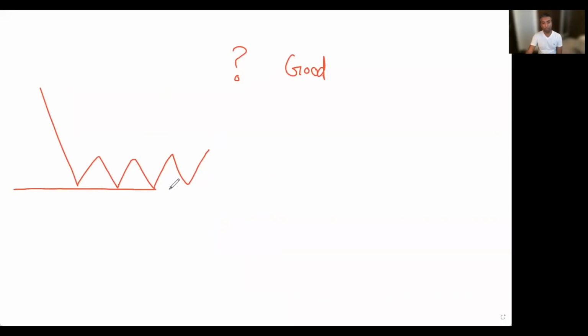Moving it further. What makes a support and resistance good? Let's say we have support here. Would you say this is a good support? It's holding the price over and over and over again. Now, here's the misconception many people have. If it's held the price over and over again, therefore it's a good support. That's wrong. It's not a good support. How about this?